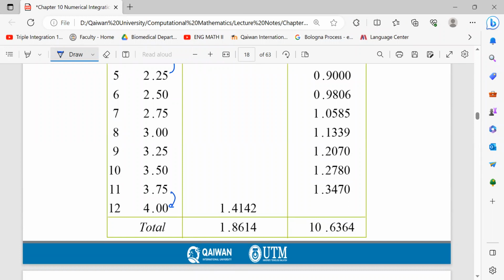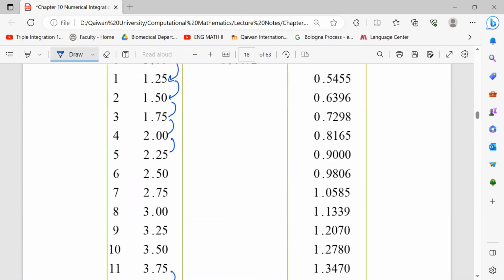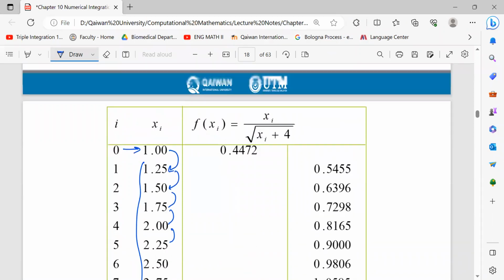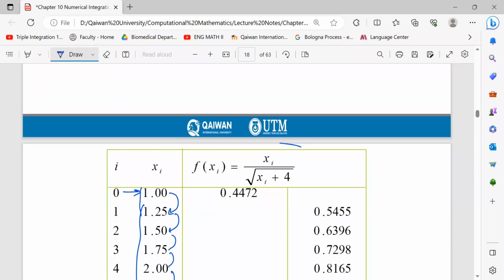Now we evaluate all the values of x in the given function. We just replace x by these values. What do we get?